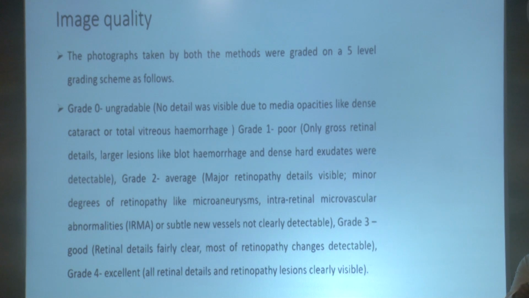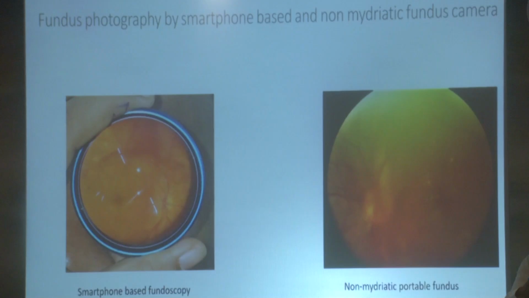Grade 2 is average. Major retinopathy details visible. Minor degrees of retinopathy like microaneurysms and intraretinal microvascular abnormalities or subtle new vessels not clearly detectable. Grade 3 shows good, that is retinal details fairly clear. Most of the retinopathy changes detectable. And grade 4 was excellent. All retinal details and retinopathy lesions clearly visible.